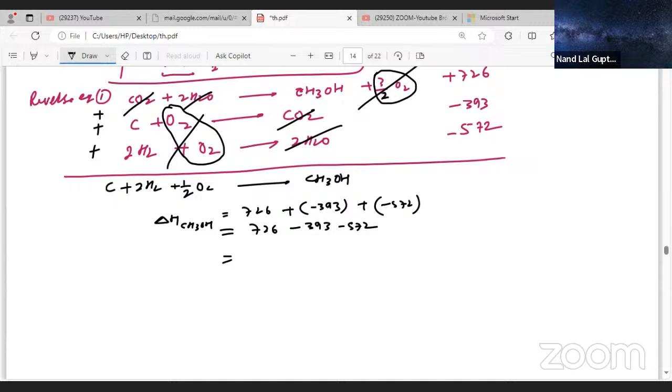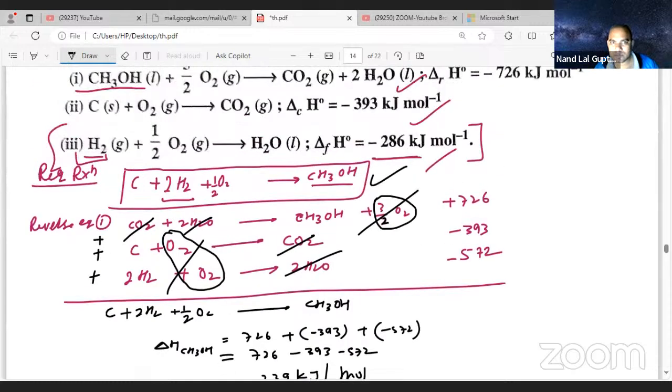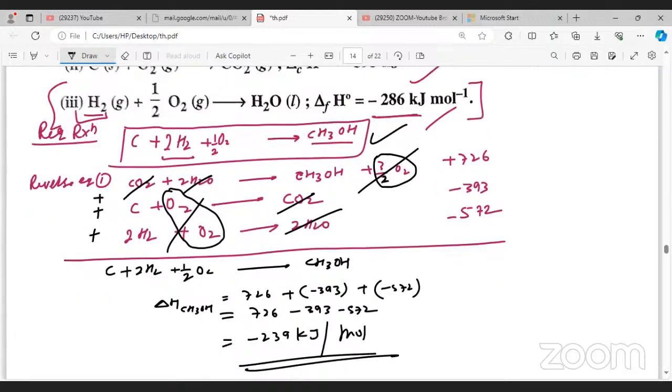You check how much is coming. It is minus 239 kilojoule per mole. Check whether you understand or not. That is the important thing.